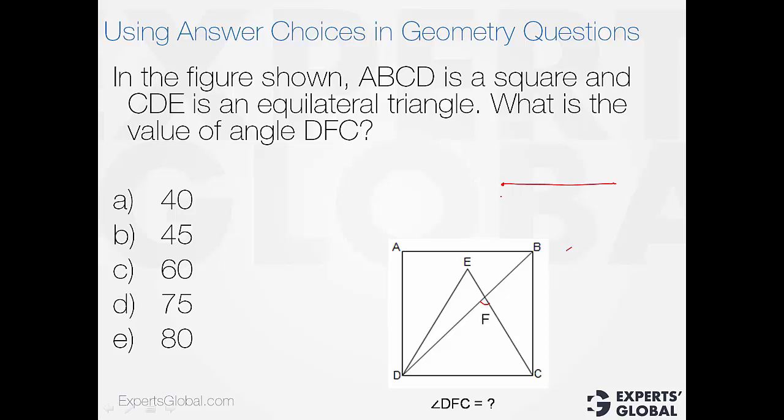point A to point B, the higher route you take, the longer route you take from A to B, this angle will keep getting smaller, and these angles will keep getting bigger.